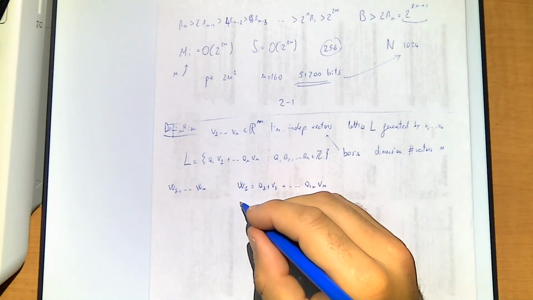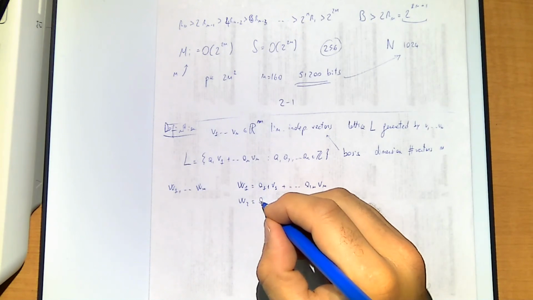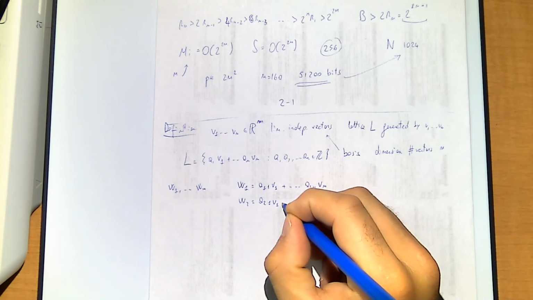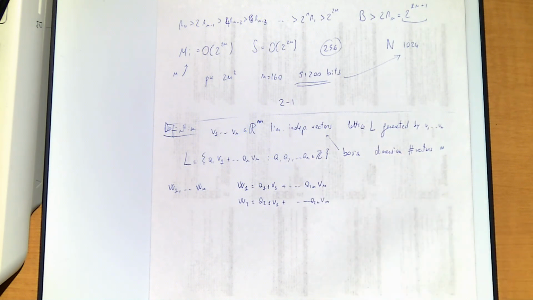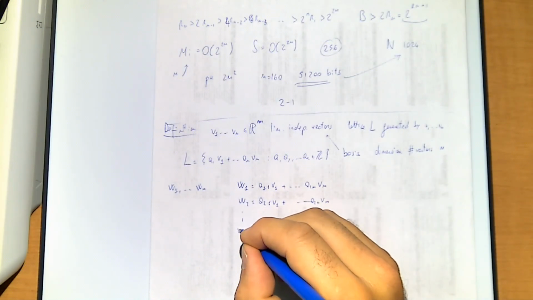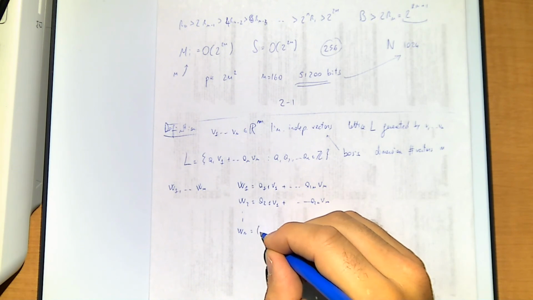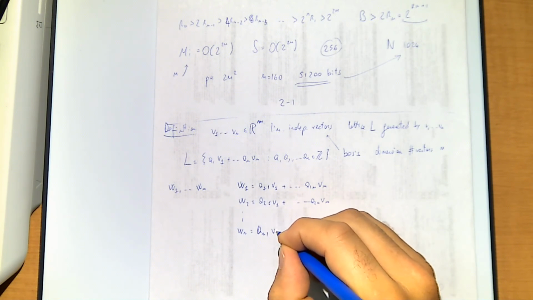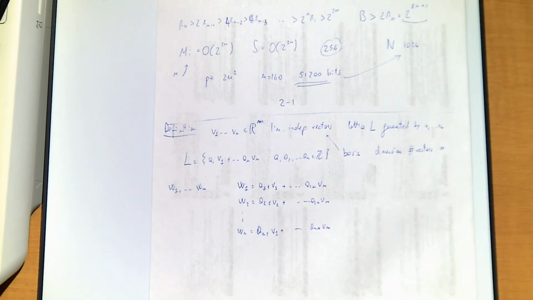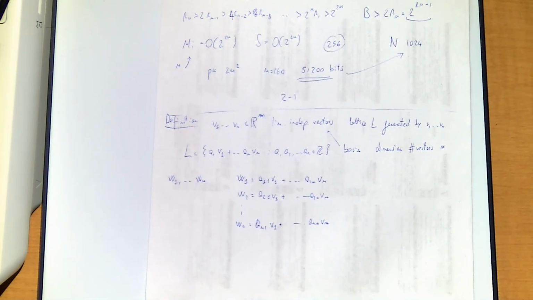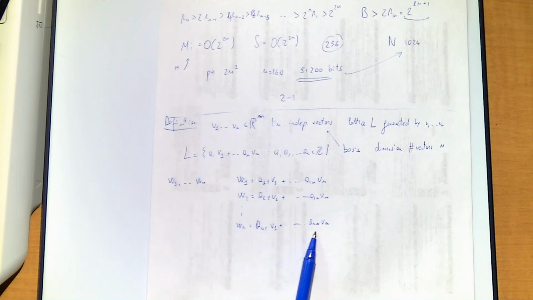And then w2 will be a certain combination a21 v1 plus ... plus a2n vn. And similarly, wn would be an1 v1 plus ... plus ann vn. So if I have 2 bases, I can always express one in terms of the other, and they are related by these coefficients aij.